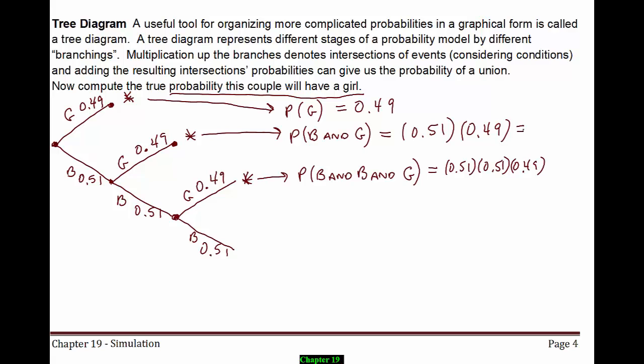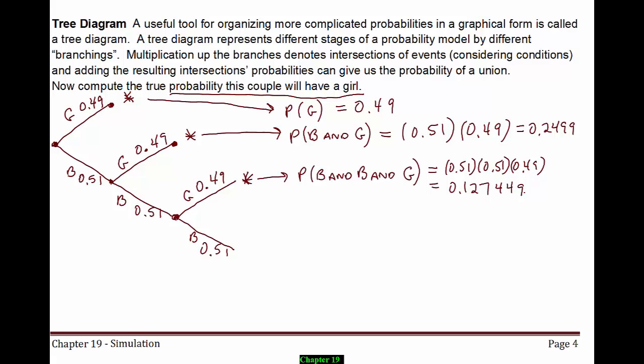And we can copy down the calculations. 0.51 times 0.49 is 0.2499. And 0.51 times 0.51 times 0.49 is 0.127449. So we've taken care of all of our words and. We've used multiplication.